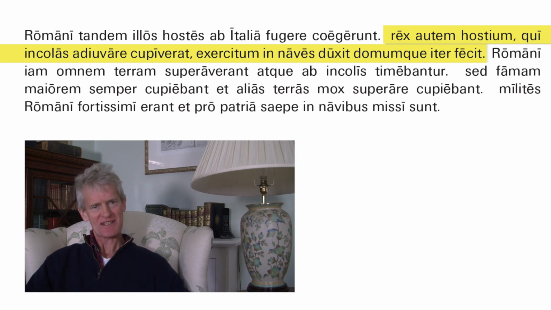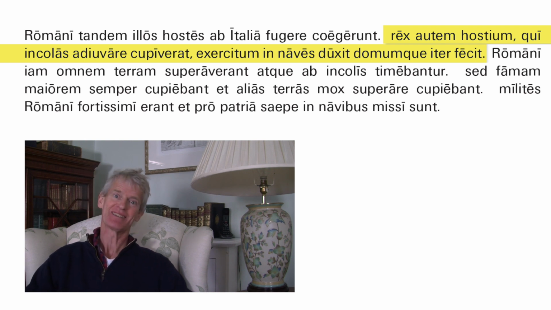And now we've got a relative clause beginning with qui, referring back to the antecedent. You will remember that we translate a relative clause immediately after we've translated the antecedent to which it refers. So here we go.